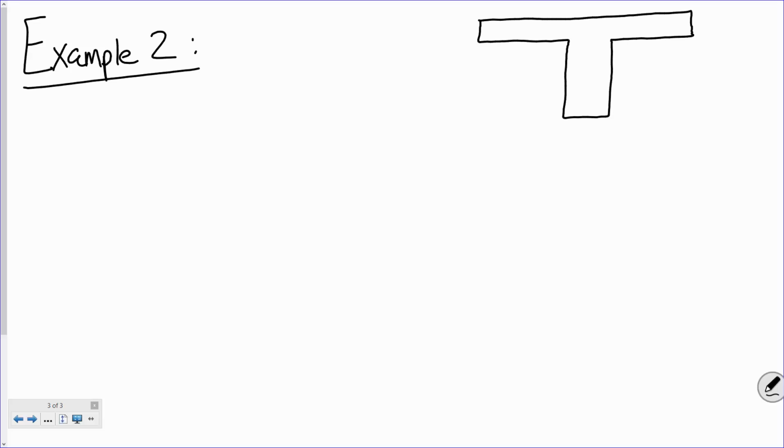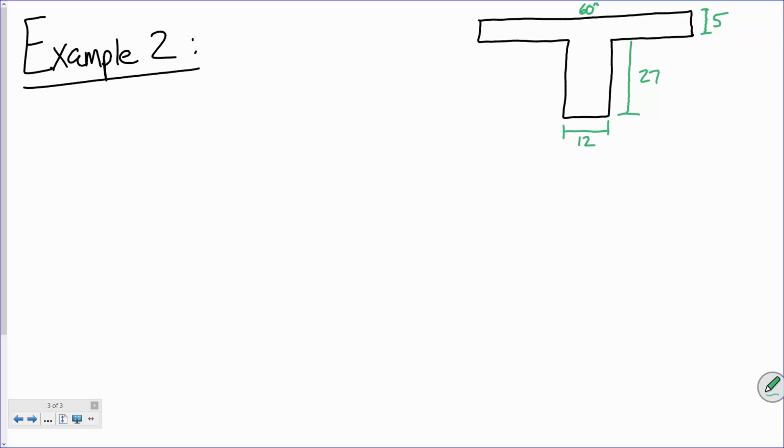We need to calculate its moment of inertia, right? Now let me put some dimensions. This top flange is like 60 inches. And this dimension is 5 inches. We'll just say 5. And then this dimension is what? 27? And that's 12. All right.